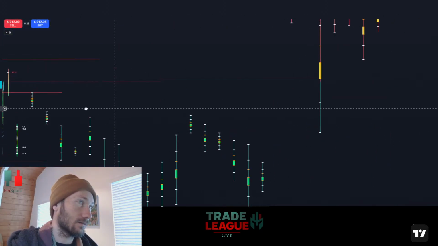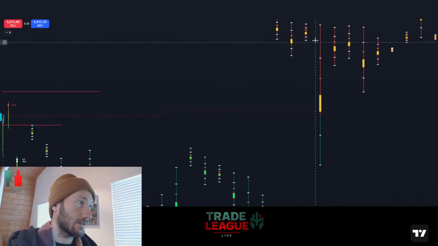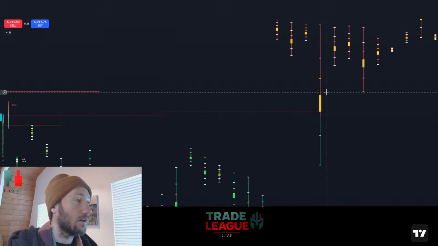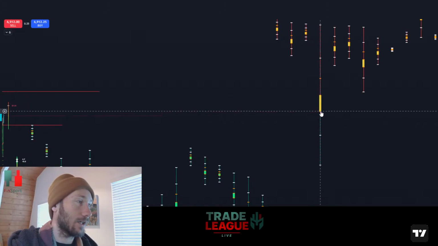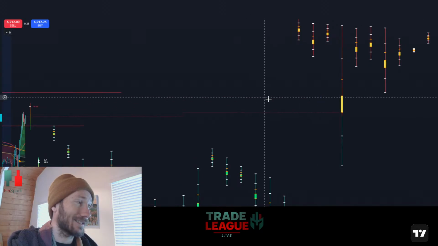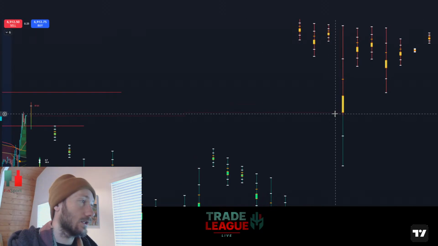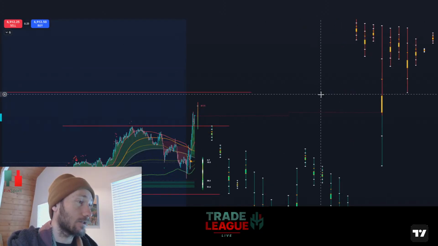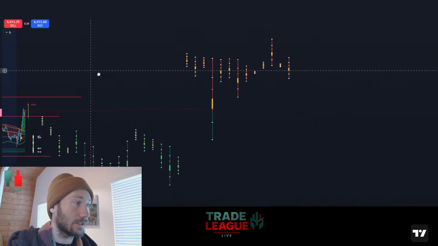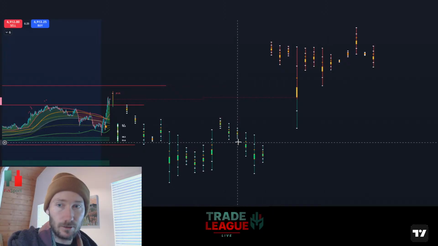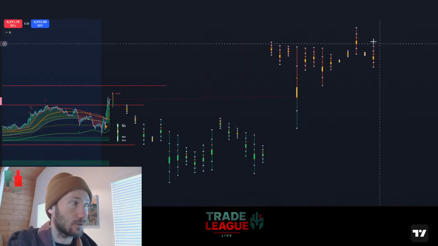Here you can see they start to turn red when they become possible resistances. The price is coming up at it from below. It's kind of cool because you basically have this market memory right here. All these are just previous supports and resistances, and then their own Fibonaccis.